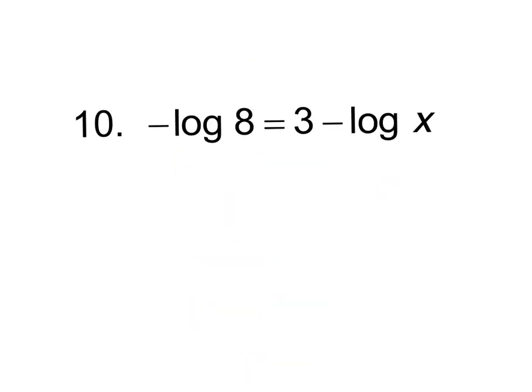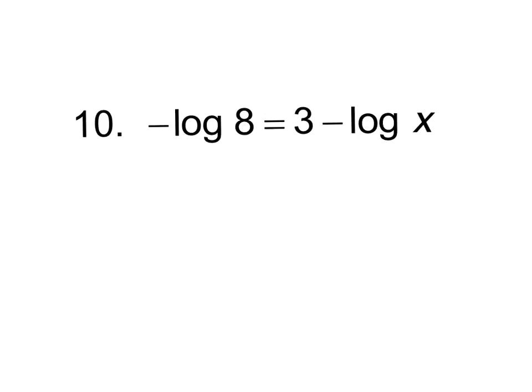Problem 10. It's the same type of problem because I have several logs, but then I have something that doesn't have a log with it. So what should I do first? Yes, I need the logs on the same side. So should I move the minus log 8 or the minus log x? I'd move the minus log x because then all the logs will be on one side and your 3 will be left on the other side.